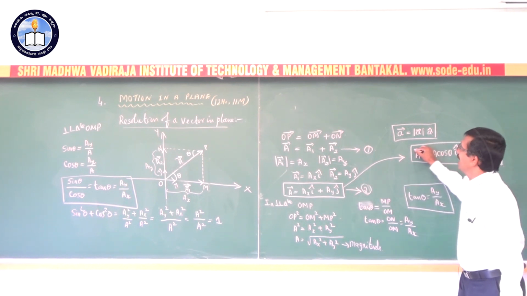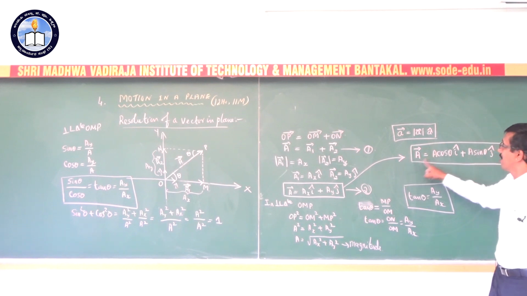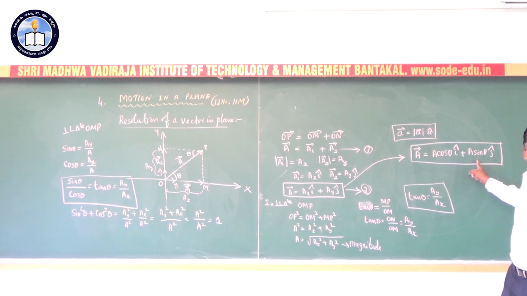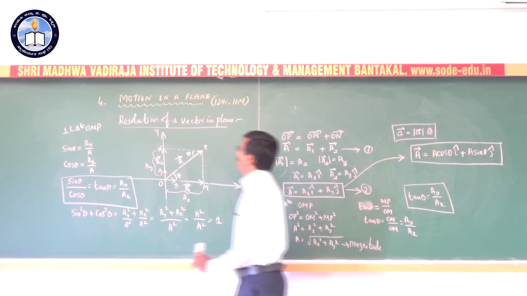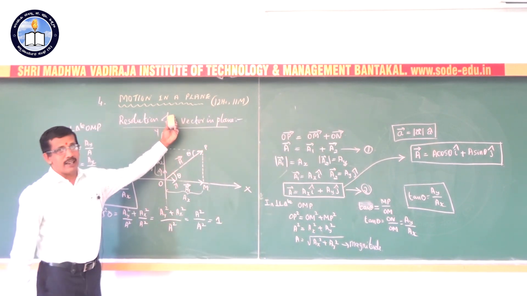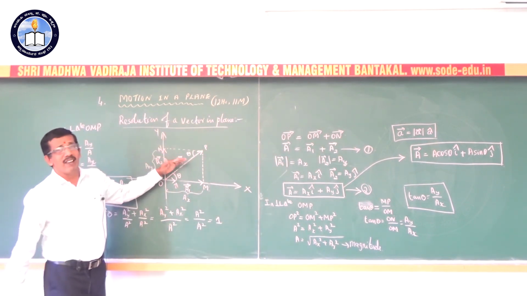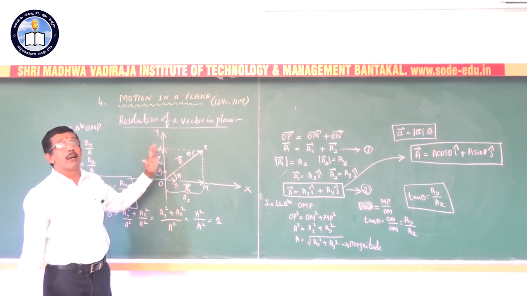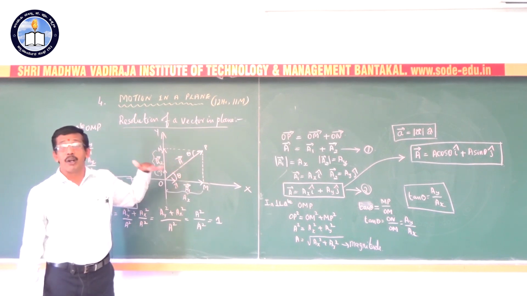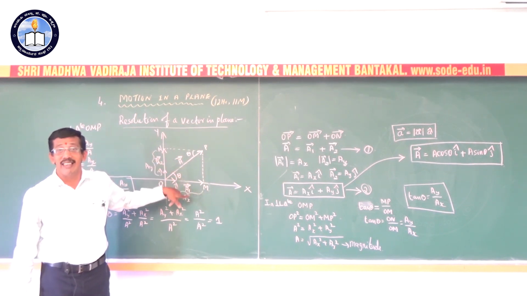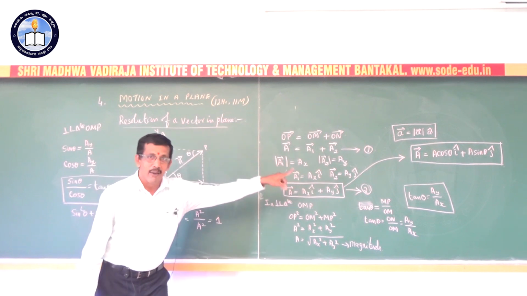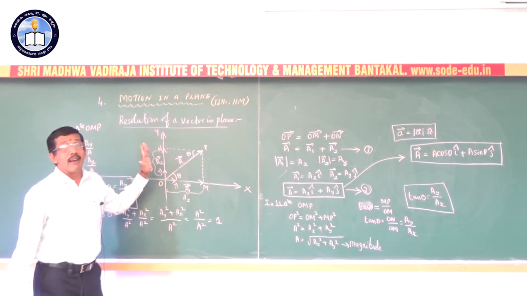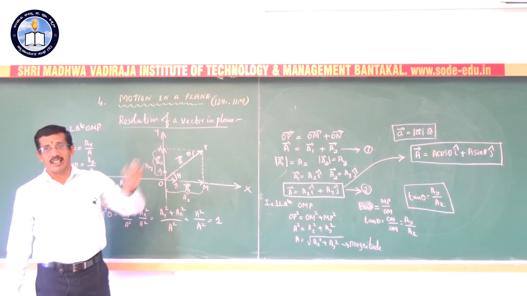This is about resolution of a vector in a plane. So, a two-dimensional vector can be resolved along two mutually perpendicular directions. Here the horizontal component is called AX or A cos theta. The vertical component is called AY or A sin theta.